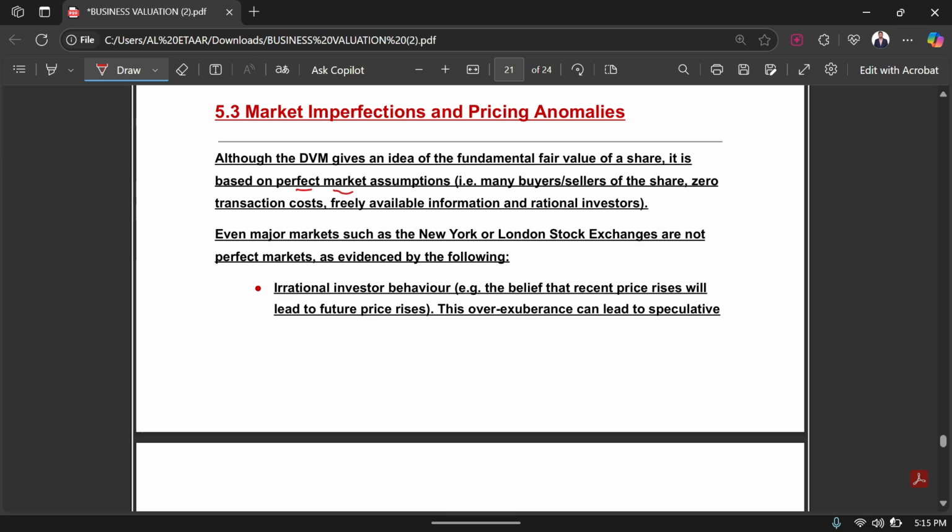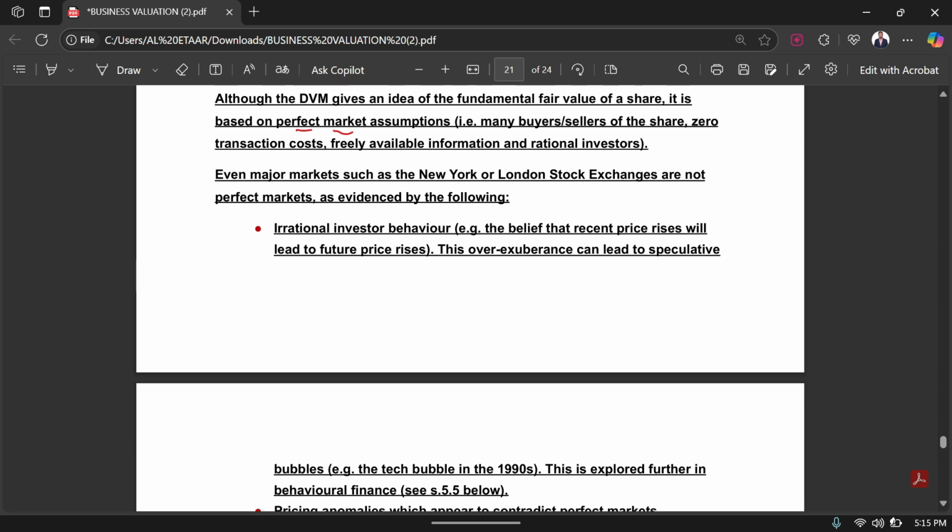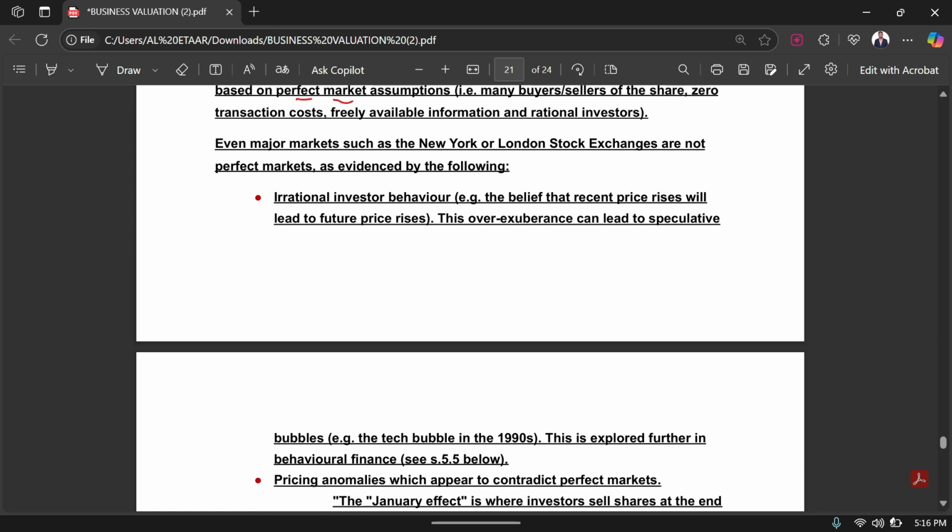So yes, the dividend valuation method is a very good fundamental way of finding the fair value of a share, but it is based on the perfect market assumption, which is again just an assumption, because in real life you don't always have a perfect market. Every major market, such as the New York or London Stock Exchange, is not a perfect market, as evidenced by irrational investor behavior.